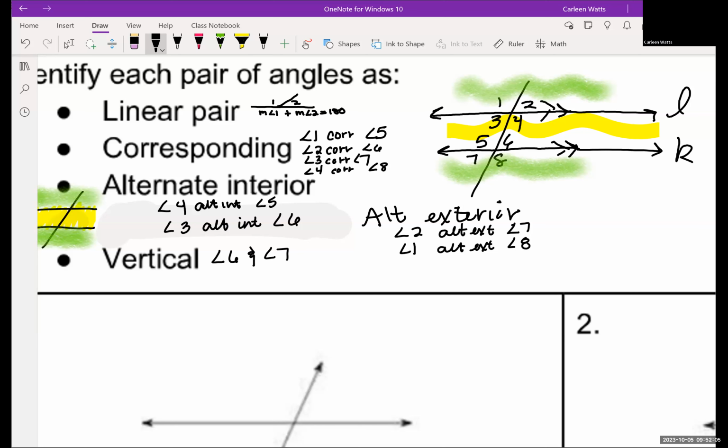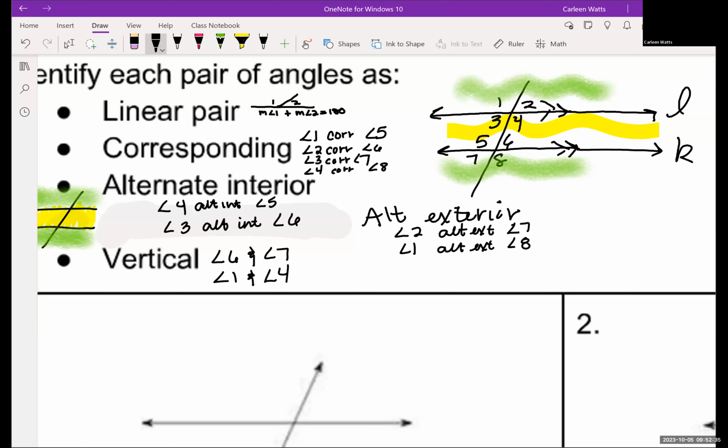Notice they're on the same line. Angle 6 and angle 7 are both on K. Now I need a pair of vertical angles that are both on L. All right, angle 1 and angle 4.